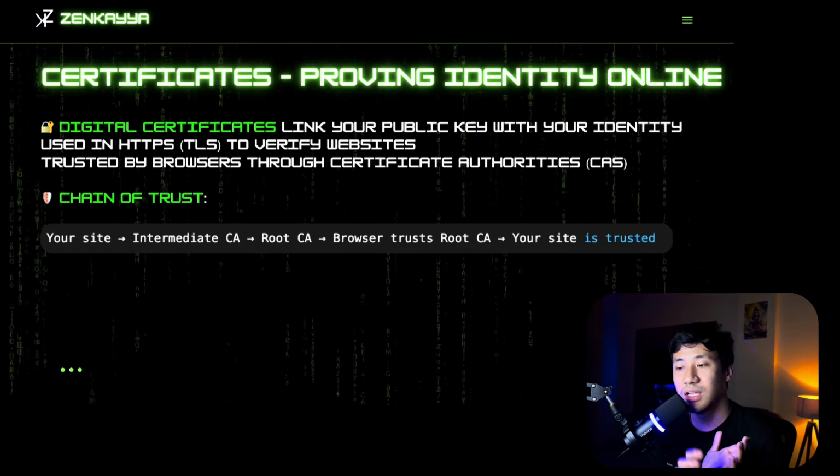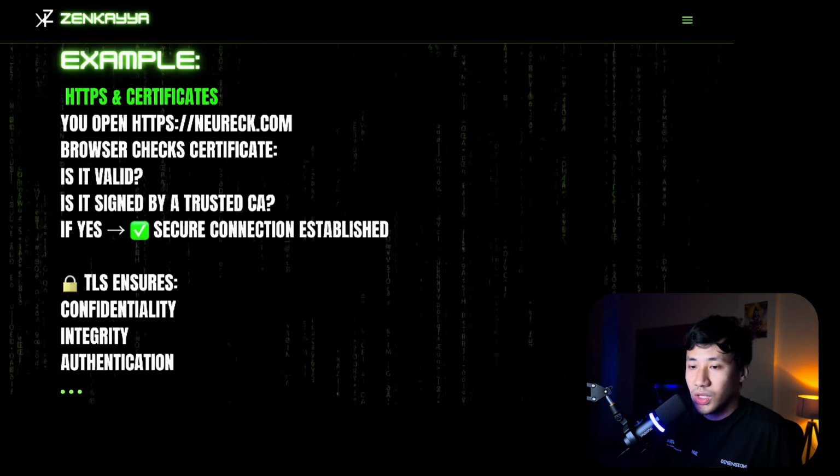Then what will the browser do? The browser trusts the root CA, the root CA trusts the intermediate CA, and ultimately the browser trusts your site. That is the flow. I hope it is clear.